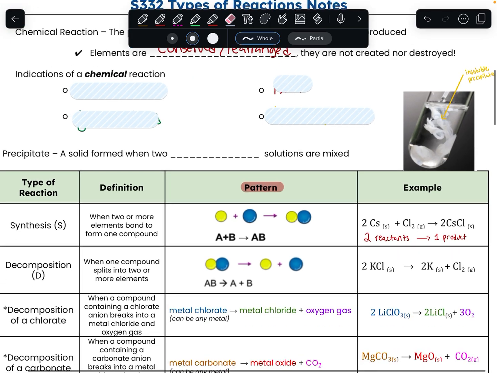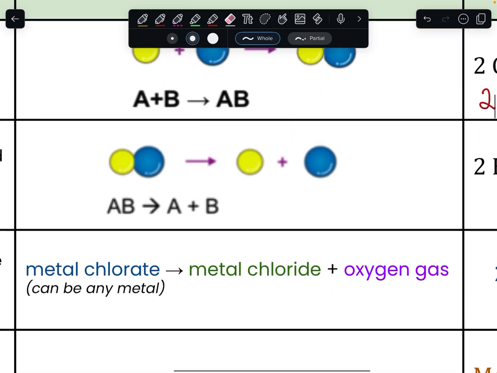So, for example, one of the things we can see is my one major type of reaction here, and this is called a decomposition. Substance AB would be an example of a compound because we have two different elements within it. We have element A and element B attached together.